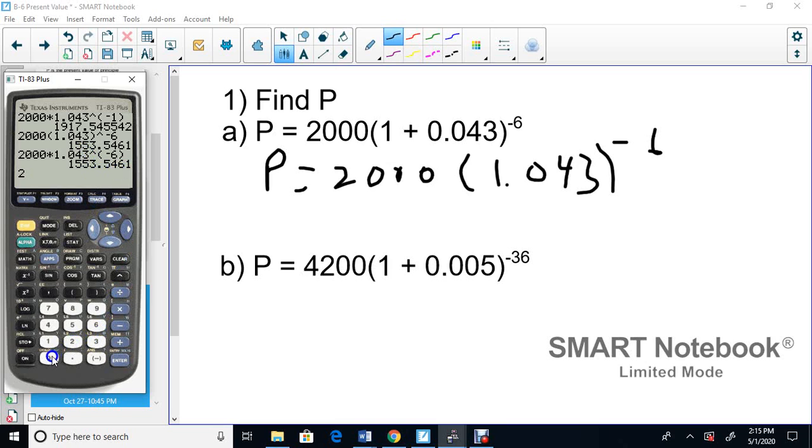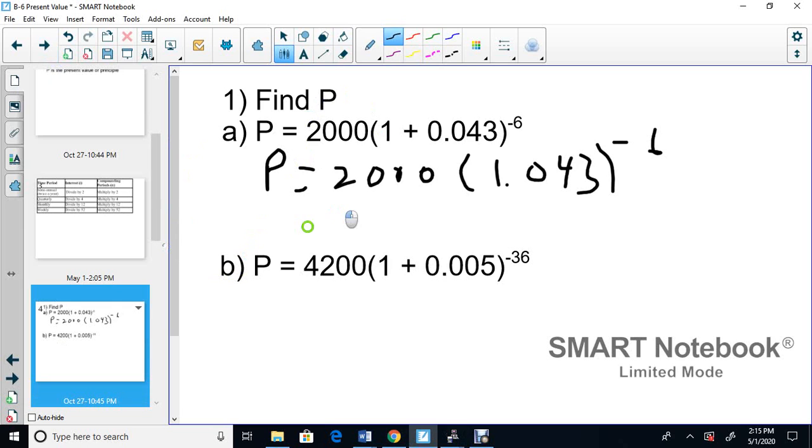Or some of you go 2,000, and you might want to put bracket 1 plus 0.043 to the negative 6. You just have to use your own calculator to figure it out. I'm not going to do every single different way here. So let's write the answer, 1553.55.